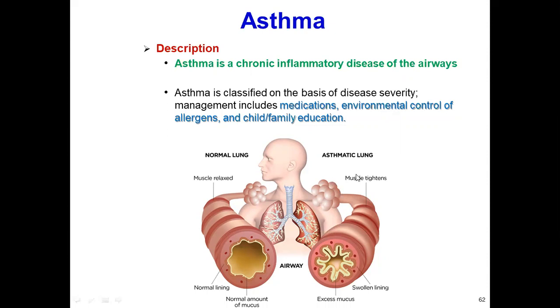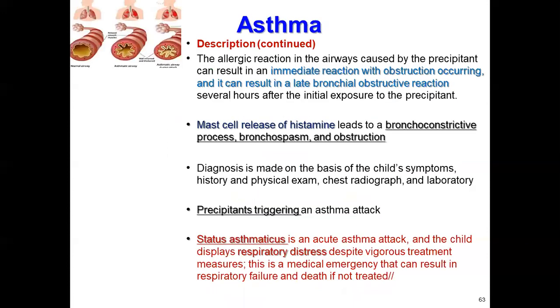But in asthma or acute asthma, we can see the muscle is tightening, constricted, not relaxed, and edema develops, with excess mucus, and the lumen is getting narrow. Swollen muscle, lining epithelium, and excess mucus cause many complications of asthma.